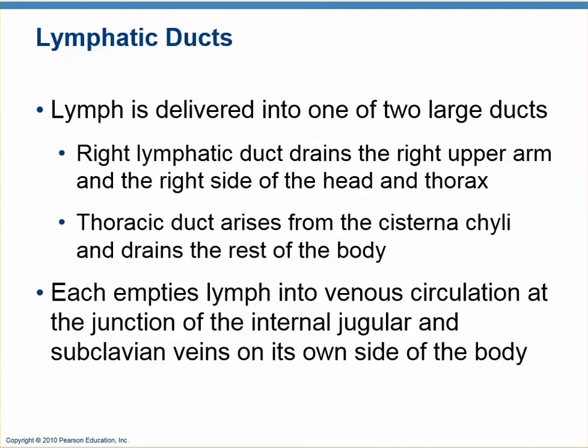Then these trunks all join together and form ducts. There are two ducts. On the right side is the right lymphatic duct, and it takes all the lymph from the right bronchiomediastinal, the right subclavian, and the right jugular.